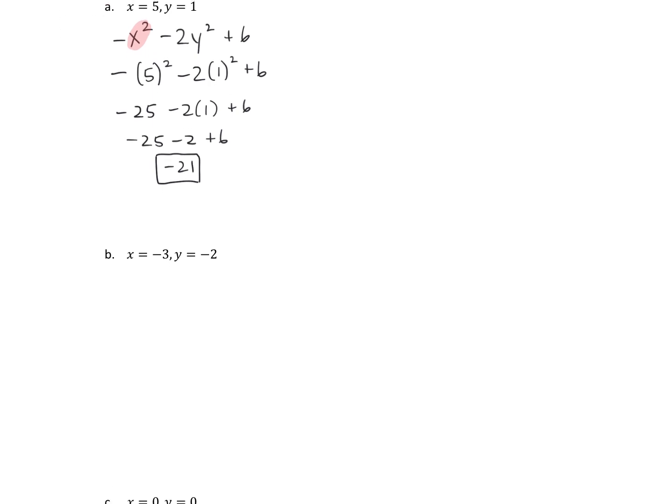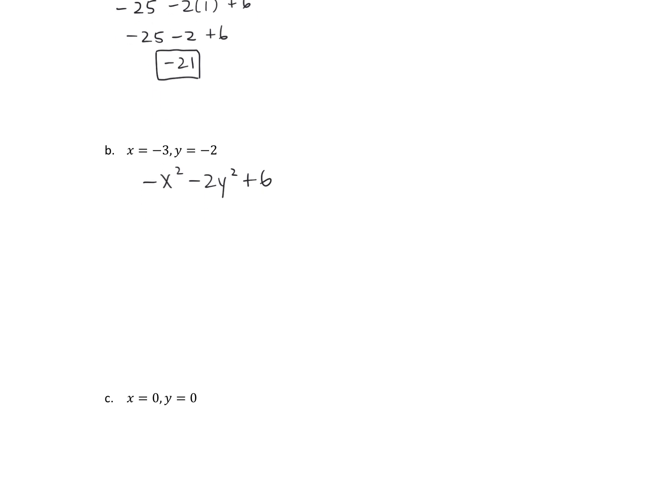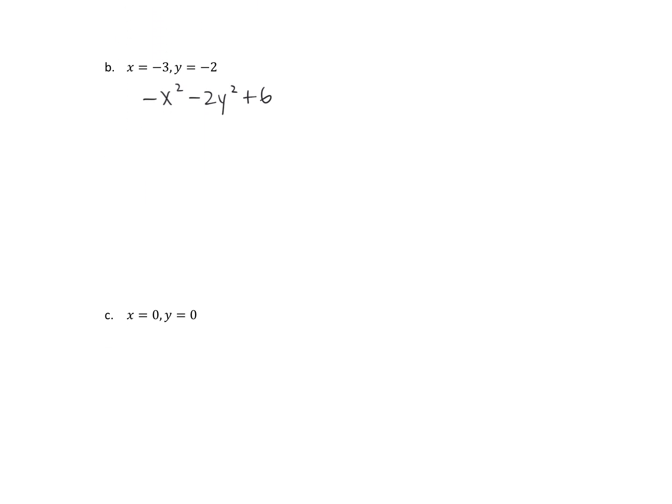Part B. We have negative x squared minus 2y squared plus 6. Okay, so we're going to plug in negative 3 for x. So a negative comes down from here. X is negative 3 squared. So always put parentheses around what you're plugging in.